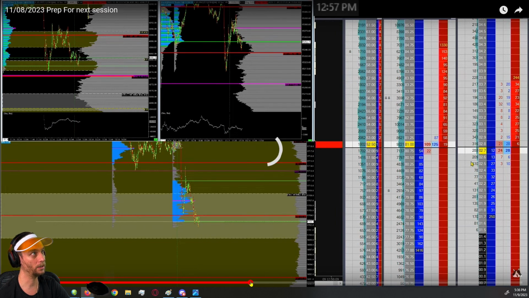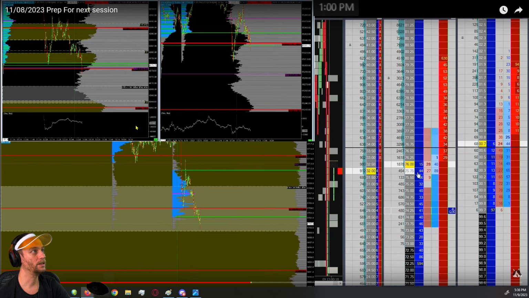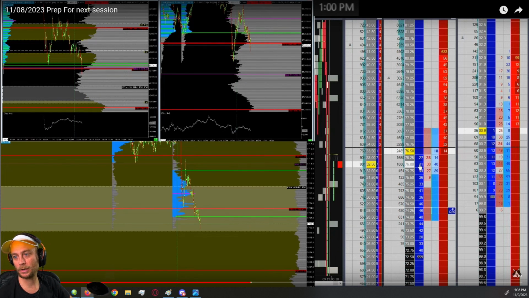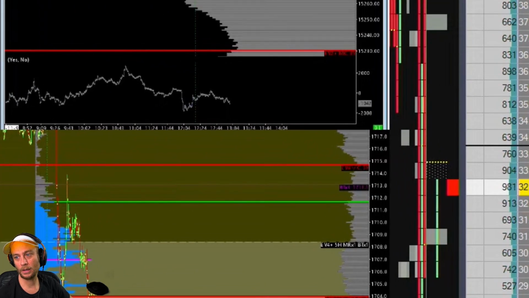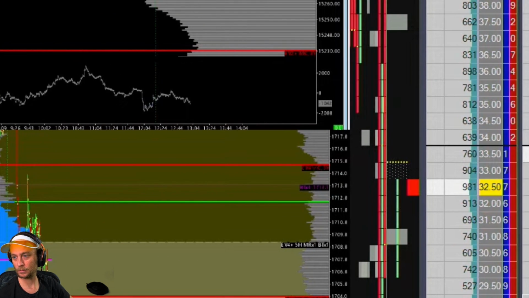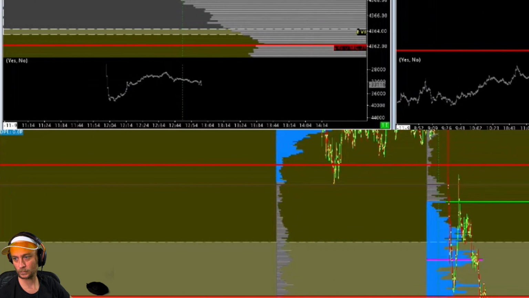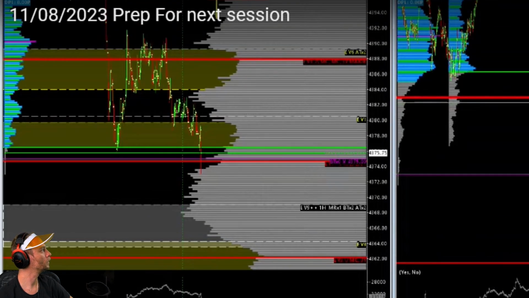So the market starts to go sideways, and then it pukes finally. Now you can barely see up here, so we'll zoom in and go over. So we got in at the 86.